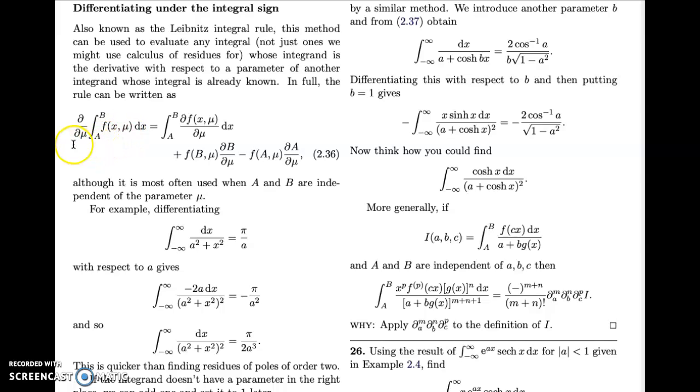Now if you differentiate the answer with respect to mu, that's the same as if you differentiate the function with respect to mu before you integrate it.